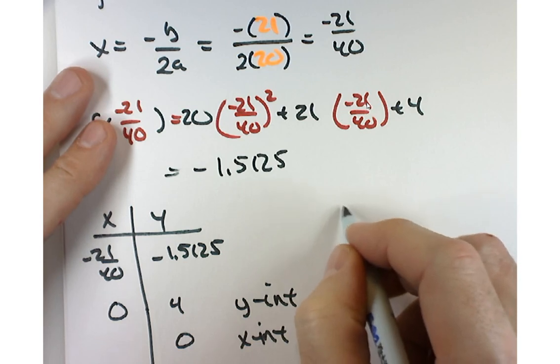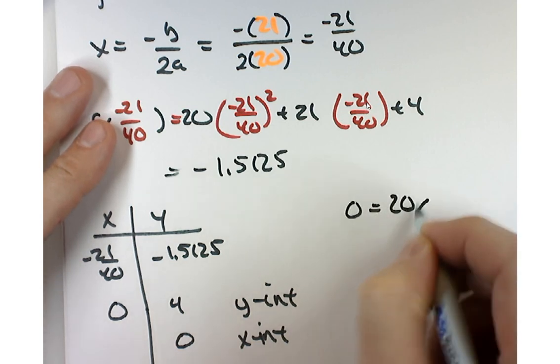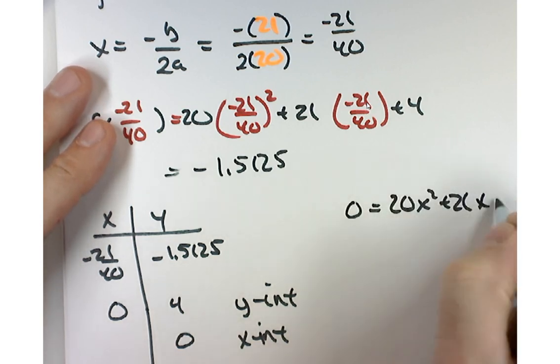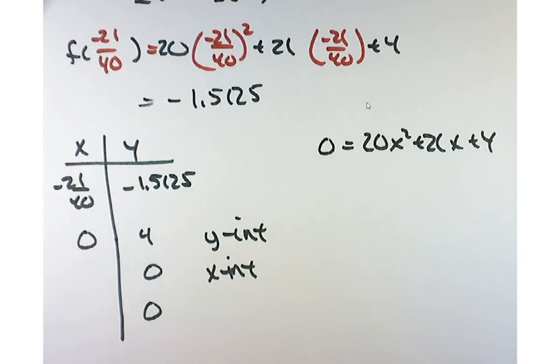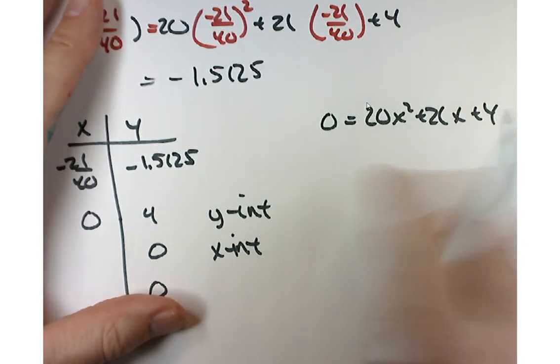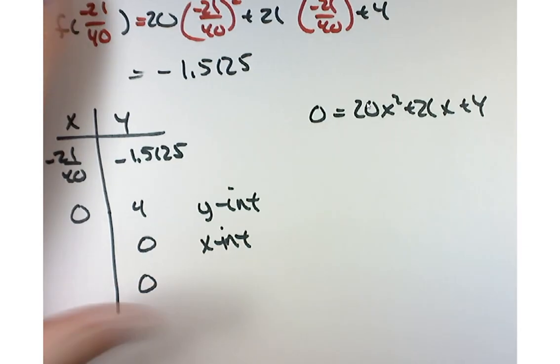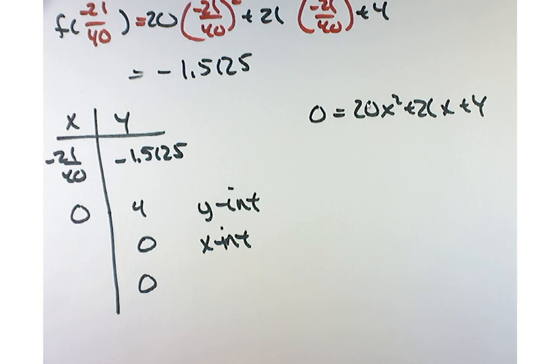We've got 0 equals 20x squared plus 21x plus 4. How are we going to find the solutions here? What would you do? Or if I just gave you this as an equation on a test, how would you solve it? Factor.